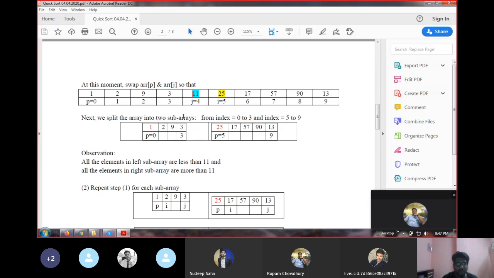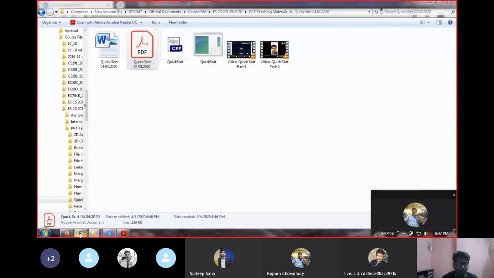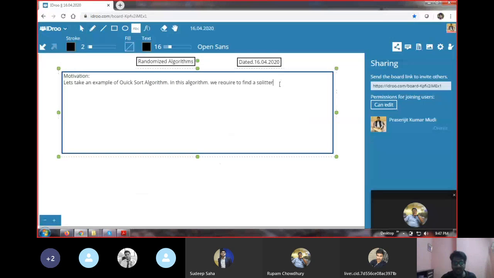Then we split the array into two subarrays. So j equal to 4 is the position which splits the overall array into two subarrays: this is one subarray and this is the second subarray. This is the technique, and that's why we require to find a splitter.